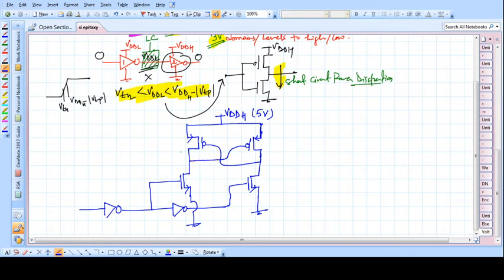Why this one is cross coupled I will tell you after a minute. Say this one is M2 and this one M3 and M4. This one is inverter 1, inverter 2, and make one more inverter for the level shifter.